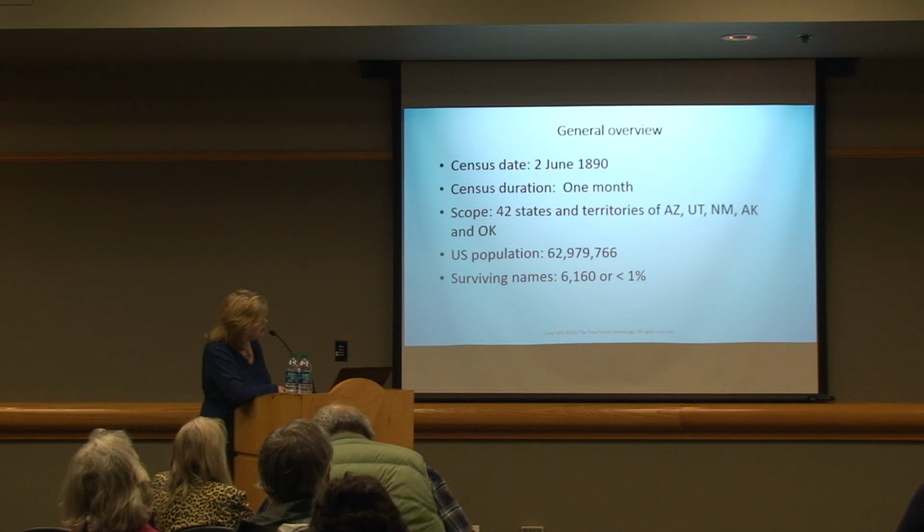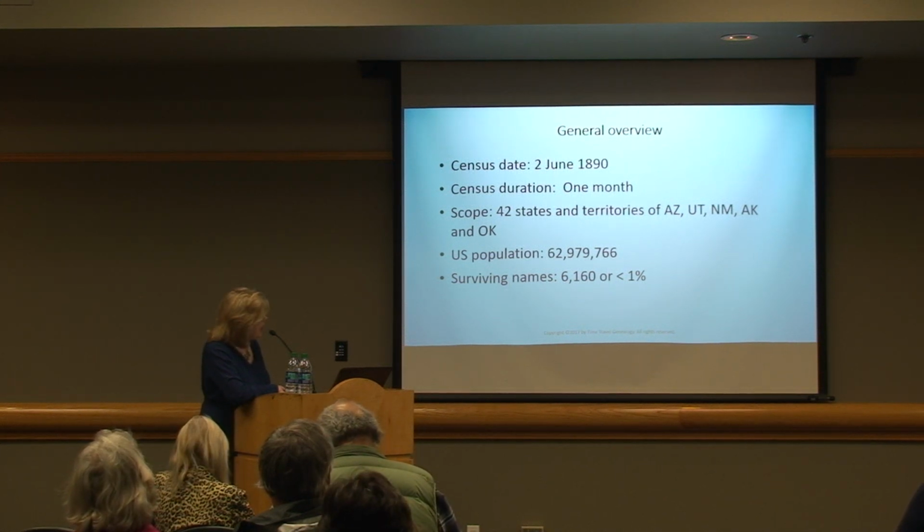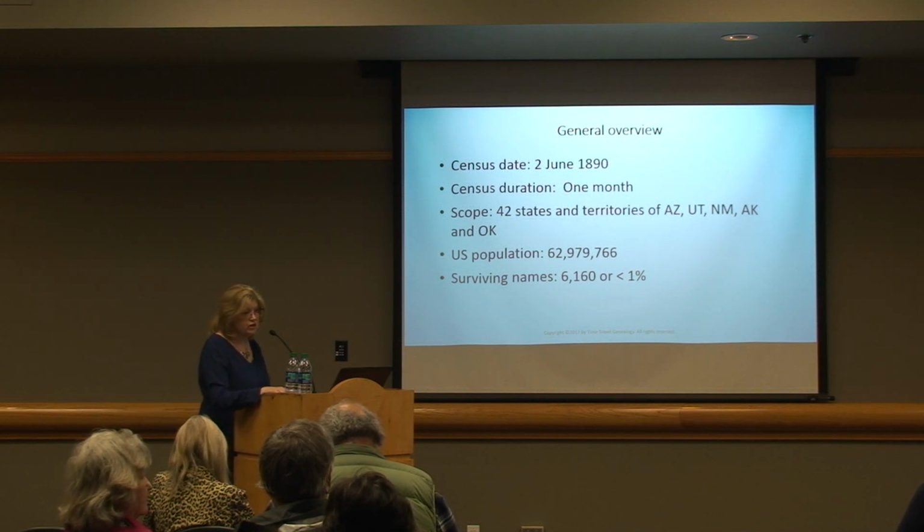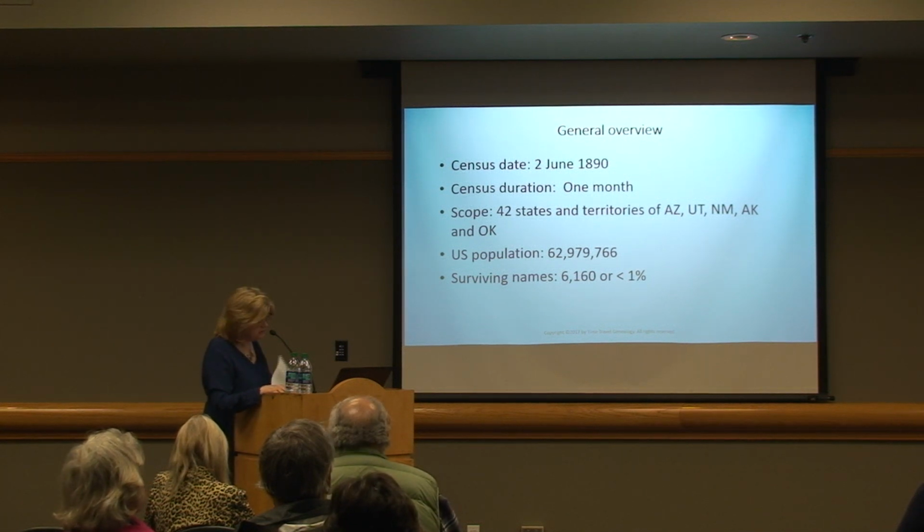The population at that time was just a little bit under 63 million. And of that, only 6,160 names, or less than 1%, survived the fire. So you can see what a terrible loss that really is.